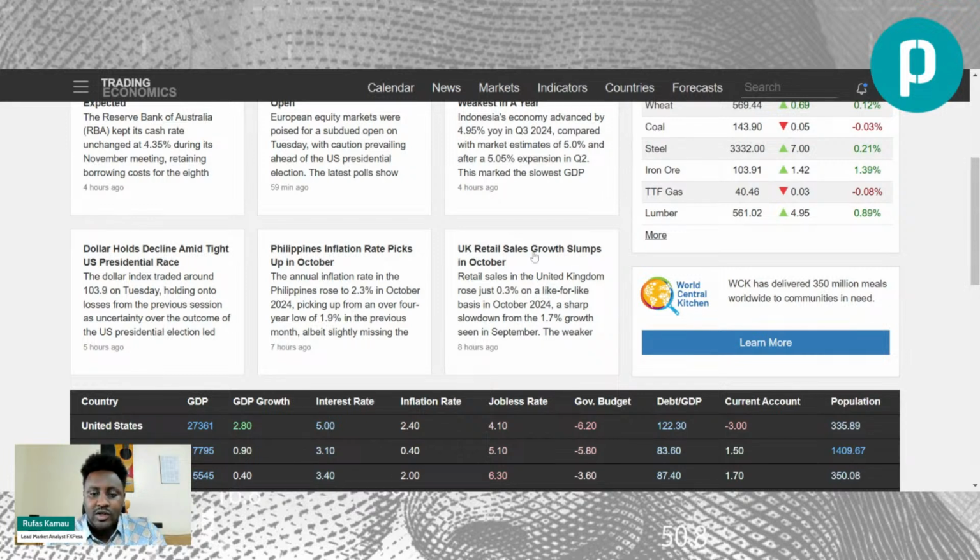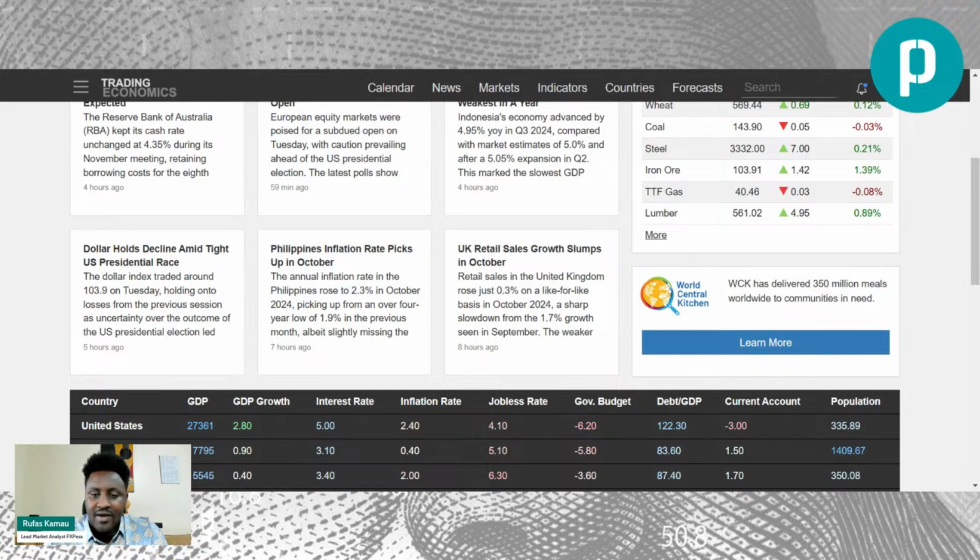And UK retail sales growth slumps in October, in this case increasing by just 0.3%. So this was a much smaller growth compared to the previous reading of 1.7% that we saw in the month of September. So besides that, trying to see if there's any other highlight in the market.